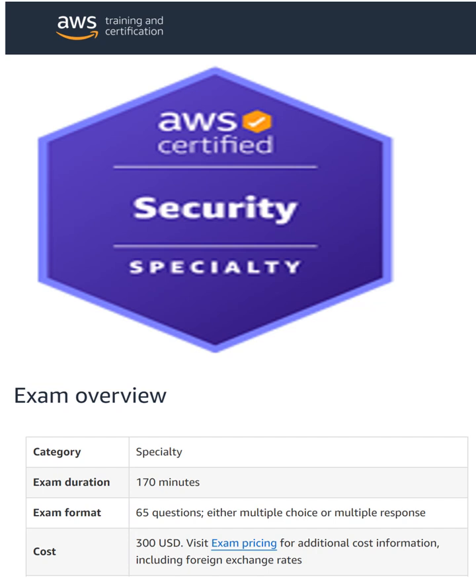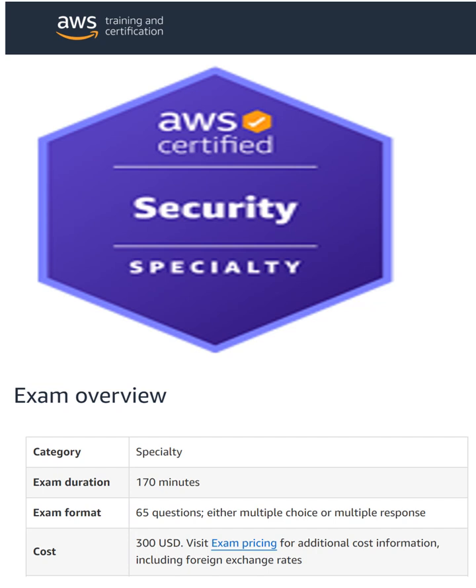Total exam duration is 170 minutes. There are 65 questions, which would be either multiple choice or multiple response. A multiple choice question has a single correct answer. Multiple response questions have two or more correct answers.